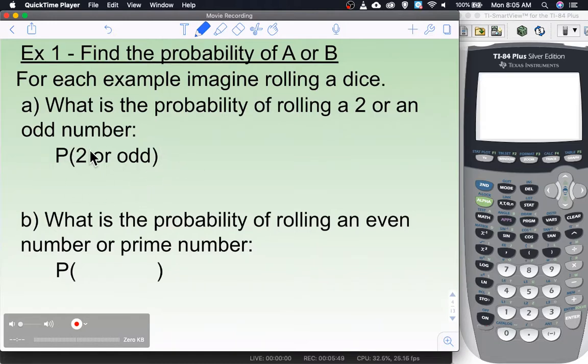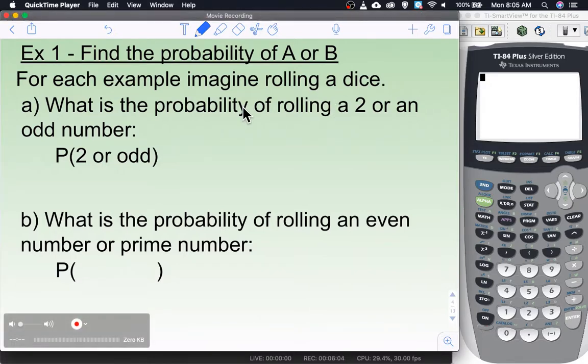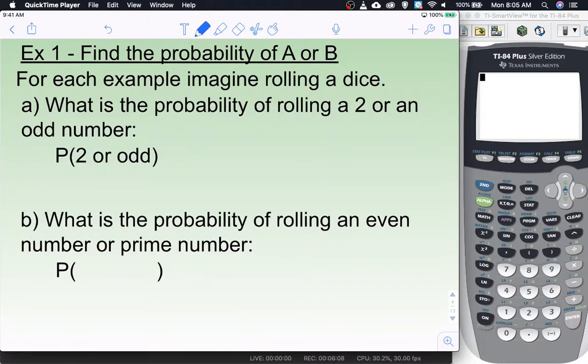This is the algebraic way of writing this statement: the probability of getting a 2 or an odd number. Now the good news is this is one action. There's one event happening. You're rolling the dice one time, which means there's only one probability we have to find.